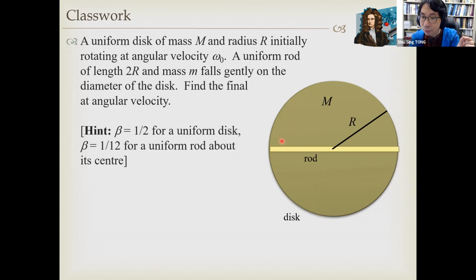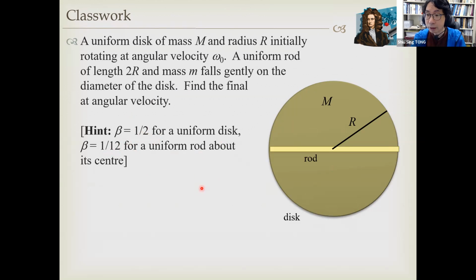Now, initially, the rod does not have any rotation. It is simply released gently onto the disk, with its length along the diameter. And eventually the two rotate together with a common angular velocity. So you are now required to find out that angular velocity. Now, these are the values of beta. The moment of inertia is βMR² for the uniform disk and also for the rod.